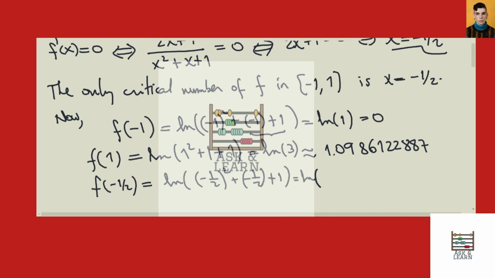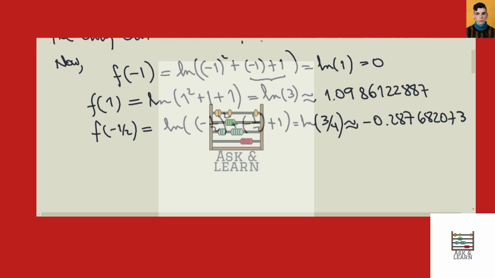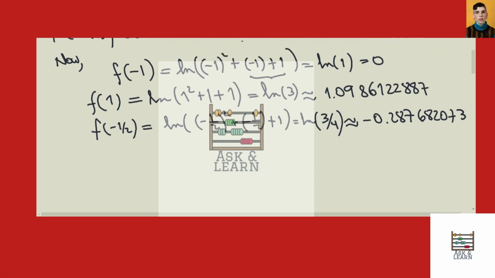That's the natural logarithm of 3/4, which is about -0.287682073. Okay, so these are the images of the endpoints and the only critical number.